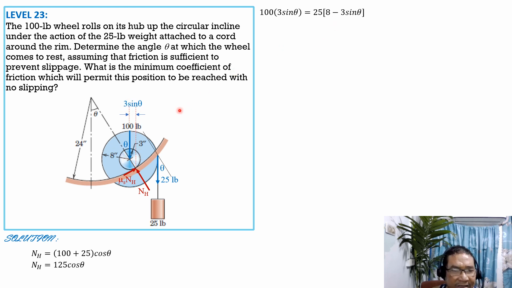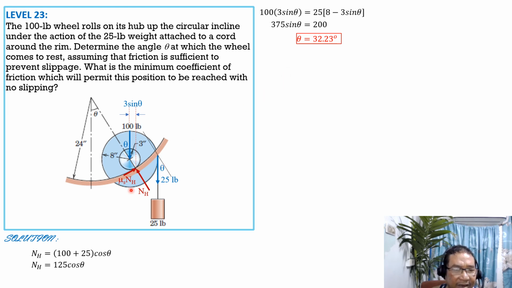So this distance here is the radius of the big wheel, 8 inches, minus 3 sine theta. This is 3 sine theta. So simplifying, 375 sine theta equals 200. So from here, theta is arc sine of 200 over 375. So theta is equal to 32.23 degrees.